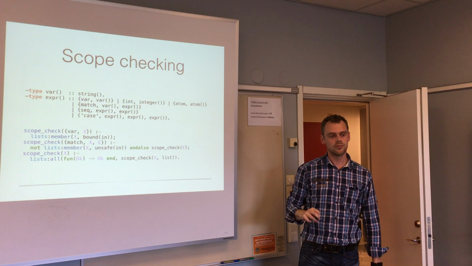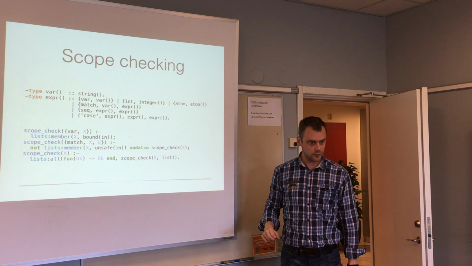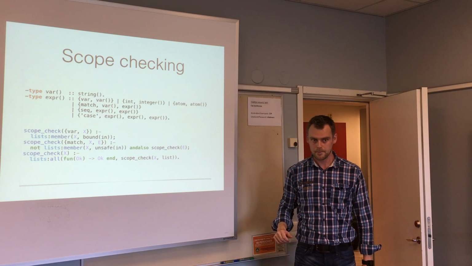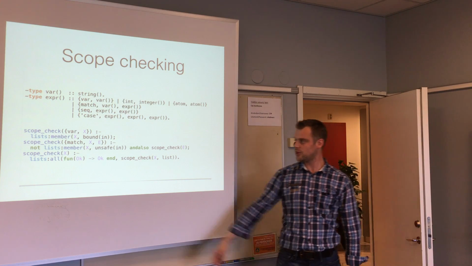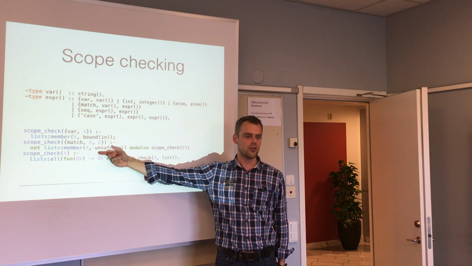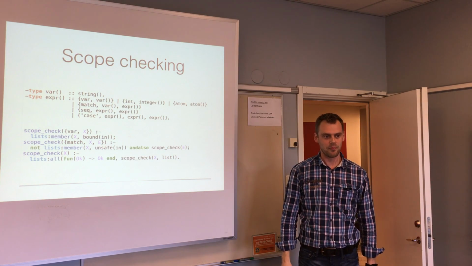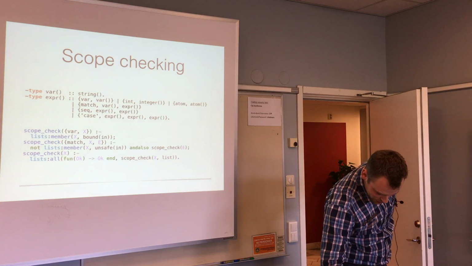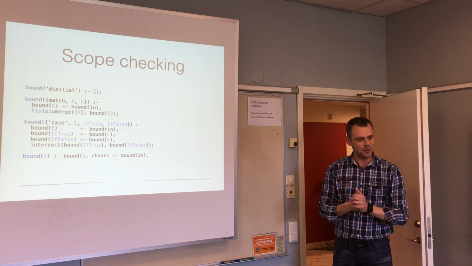So bound is the set of bound variables in a given place, right? Yes. And unsafe is also an attribute that we calculate. So what are unsafe variables? I'm going to show you what unsafe variables are. First, I'm going to show you the bound. So this is a top-down way of introducing.